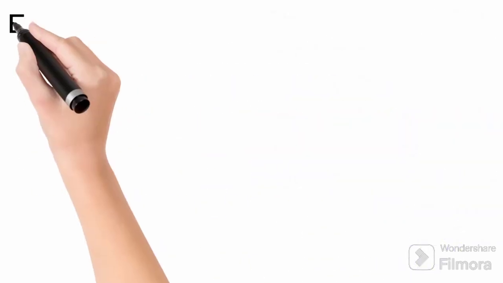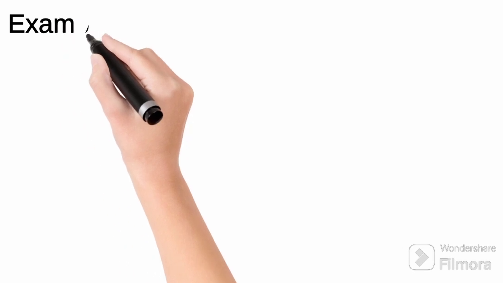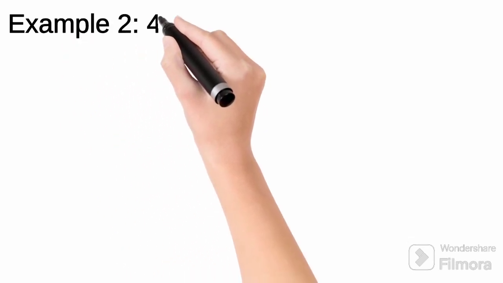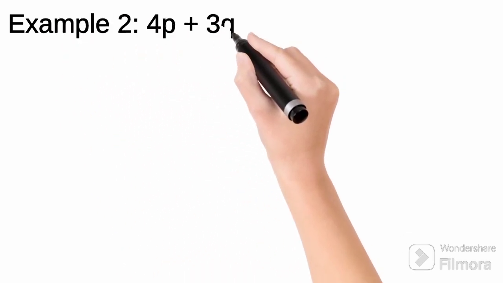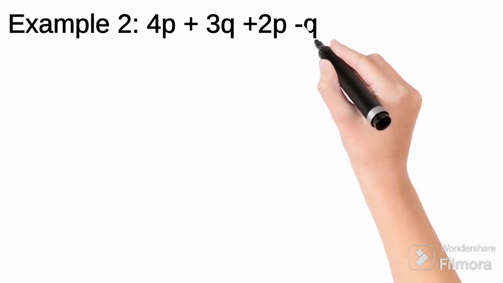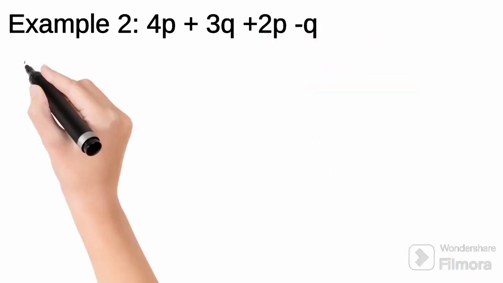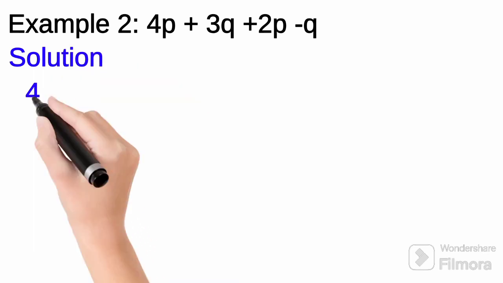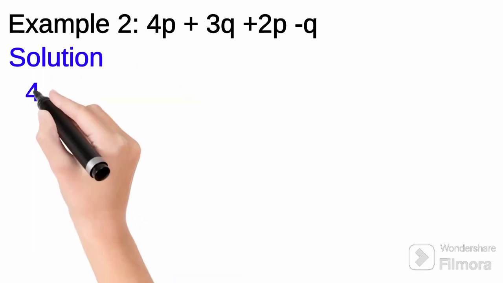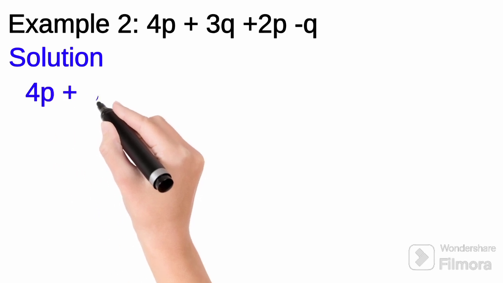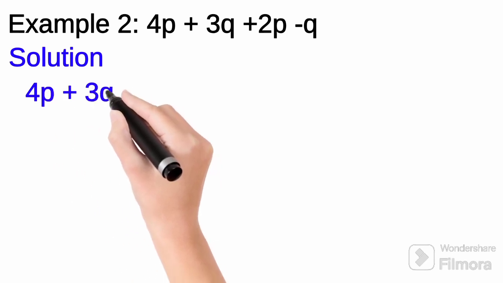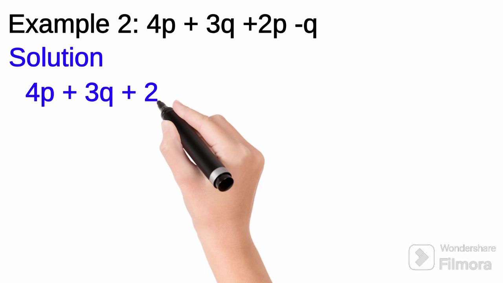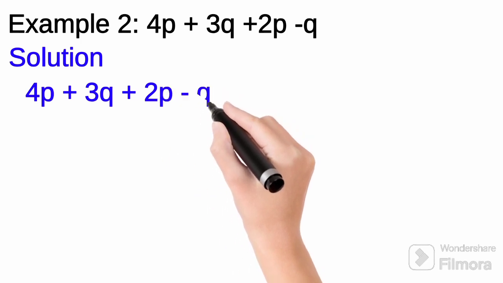Now let's go to the next example. That is example 2. 4p plus 3q plus 2p minus q. The first thing I always say we should do, we always start with writing our solution. Next is to write our 4p plus 3q plus 2p minus q.